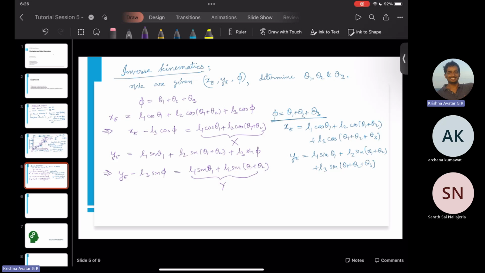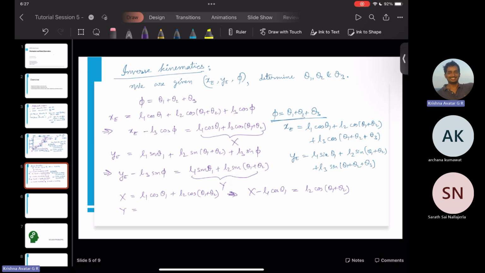Now what we can see here is that X is equal to L1 cosine theta 1 plus L2 cosine theta 1 plus theta 2, which we can write as X minus L1 cosine theta 1 is equal to L2 cosine theta 1 plus theta 2.